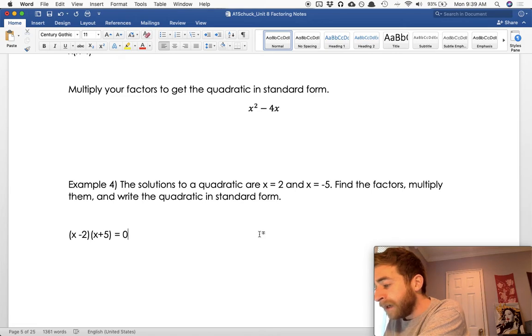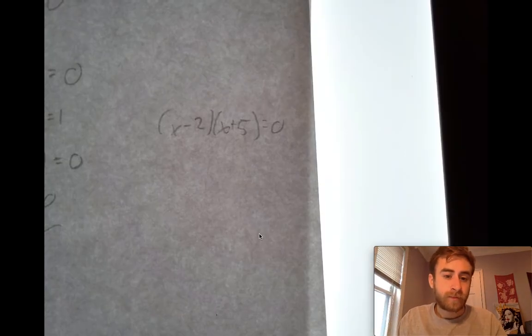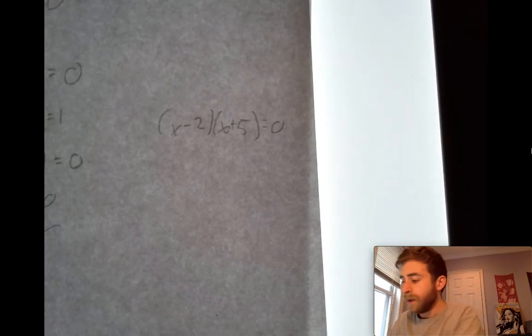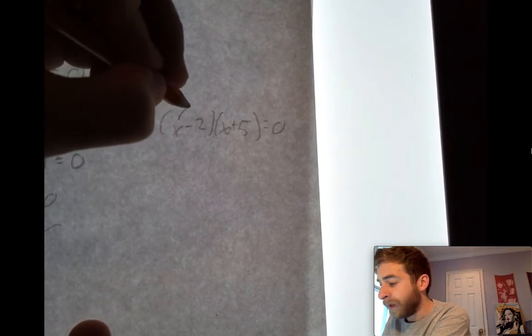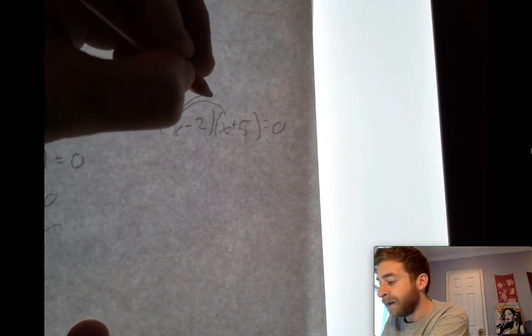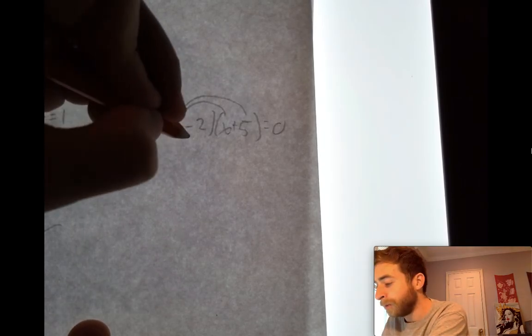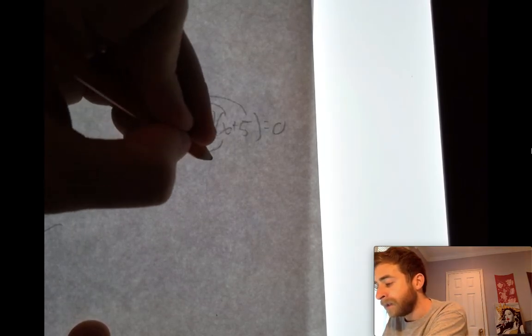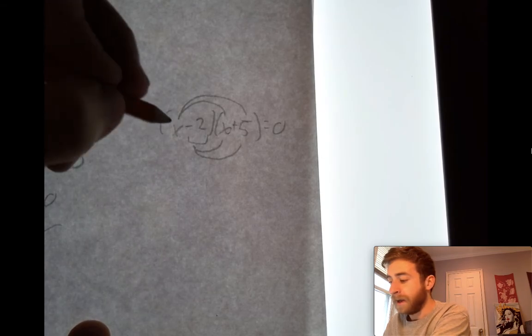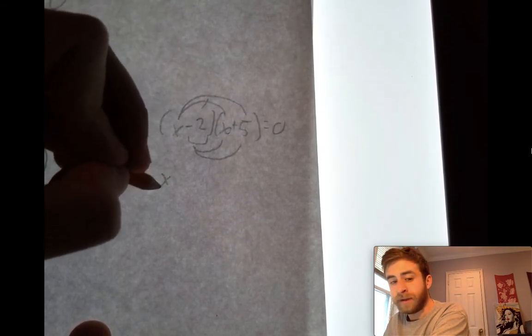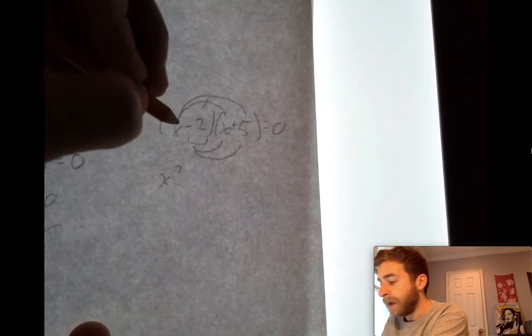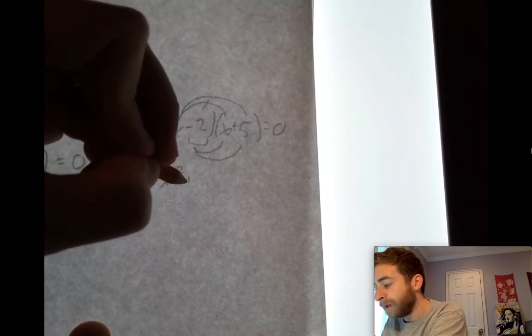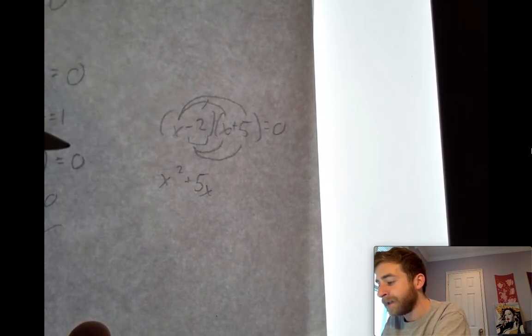(x - 2)(x + 5) equals 0. Let's do it. I'm going to distribute the x to the entire second binomial, and I'm going to distribute the -2 to the entire second binomial. x times x is going to be x squared. x times 5 is going to be plus 5x.